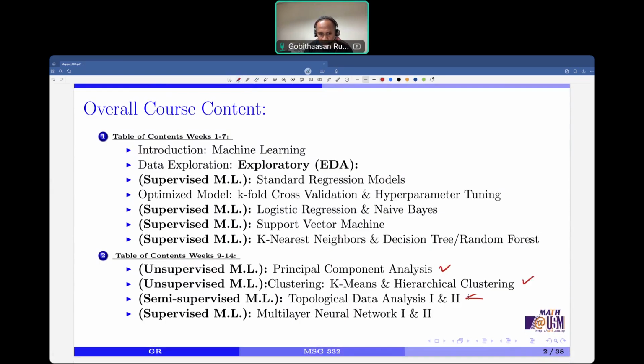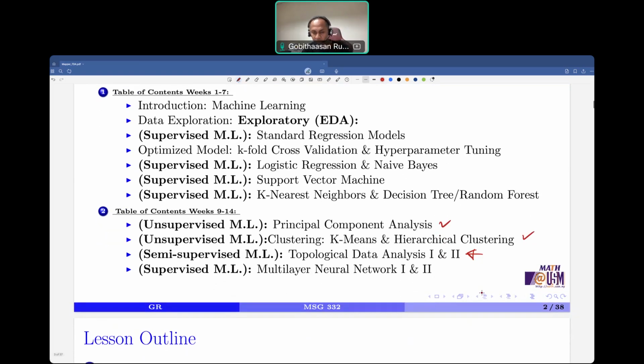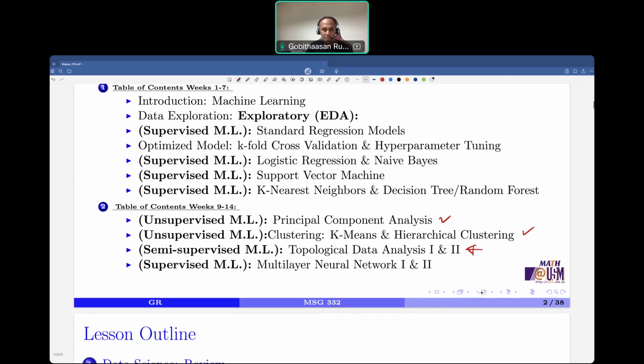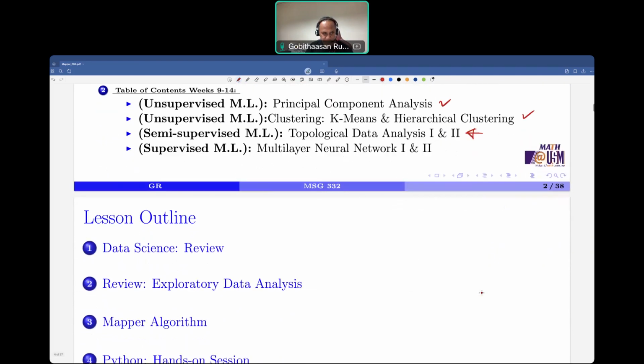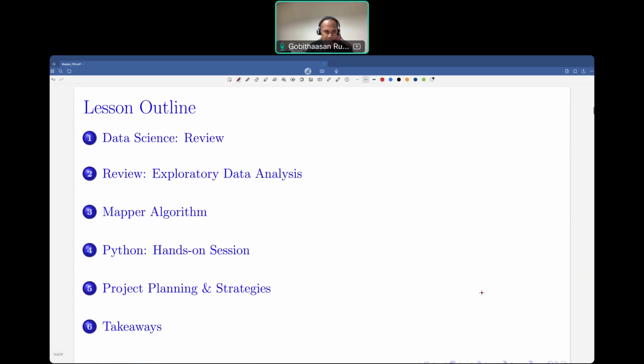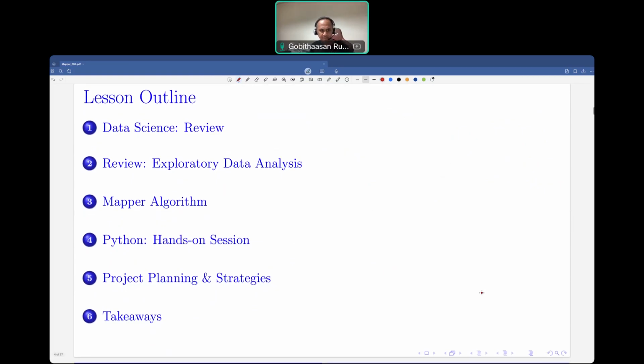So we are currently at topological data analysis, which will encompass 2 weeks. This week will be on the mapper algorithm, and the next week will be on persistent homology.